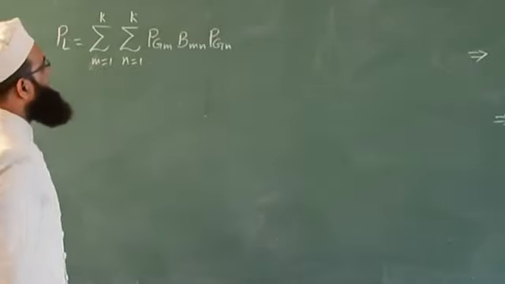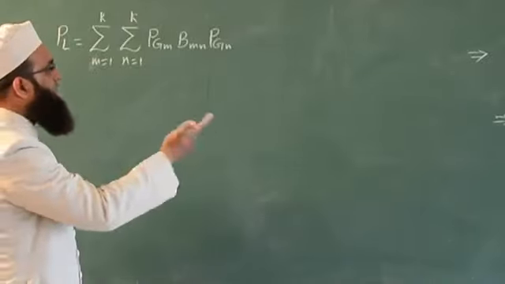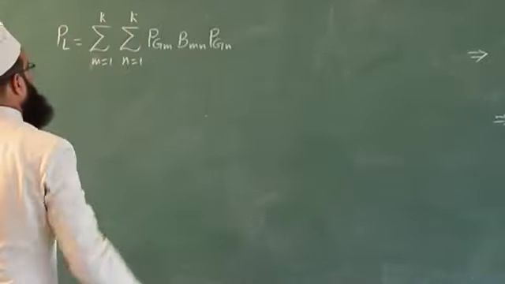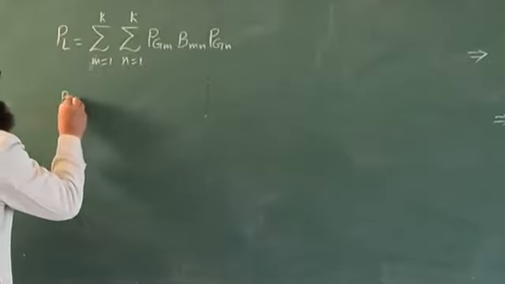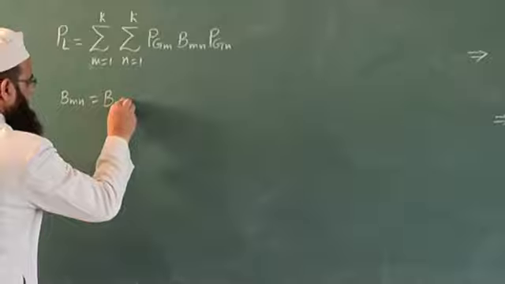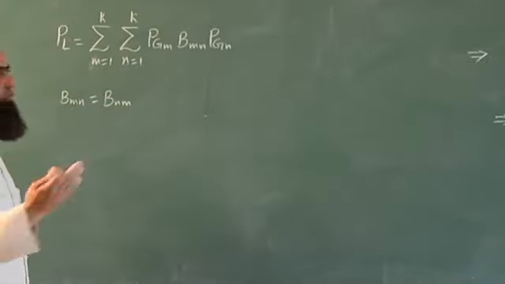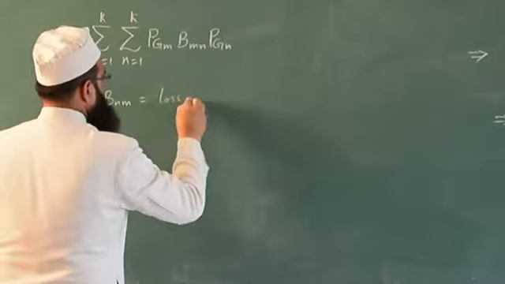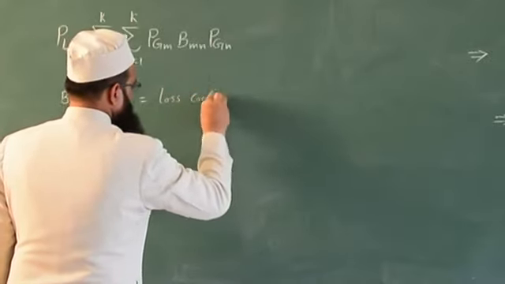In general, PGI is the generation at the ith plant. Similarly, PGN is the generation at the nth plant. What is BMN? BMN is equal to BNM, B12 is equal to B21 and so on. These are loss coefficients.